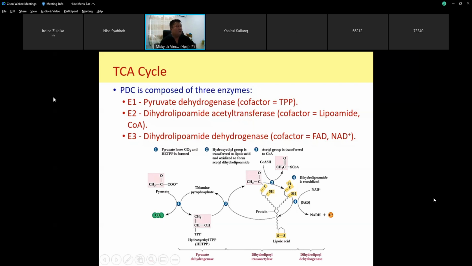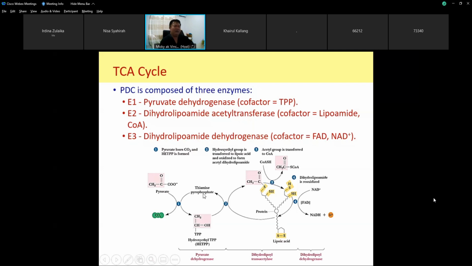So for the first enzyme, the cofactor is TPP. Now TPP stands for thiamine pyrophosphate. T stands for thiamine, PP is pyrophosphate. Now without TPP, the first reaction will not happen. So TPP is very important.